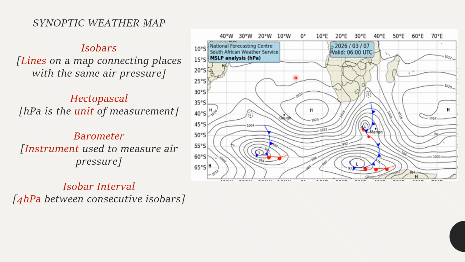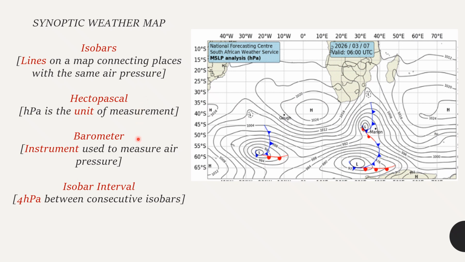So for example, if one particular line has a value of 1,000, that represents 1,000 hectopascal, and it simply means that wherever that line travels on the map, the air pressure is going to be 1,000 hPa.